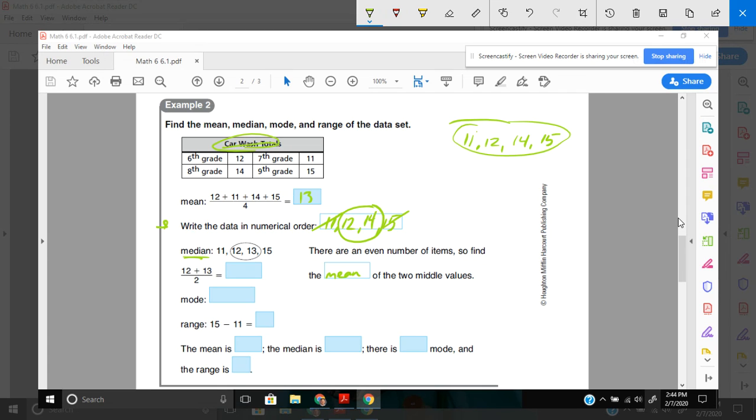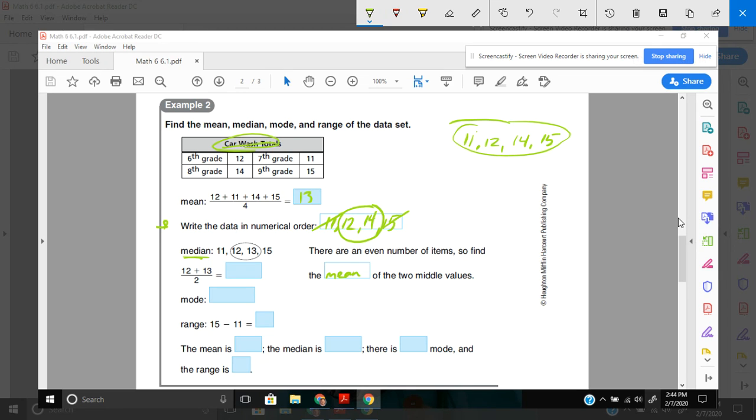Well, really, it's not that hard because what's in between 12 and 14? Well, that's 13. But to find the median, or sorry, did I mess that up here? Does it say that in here?